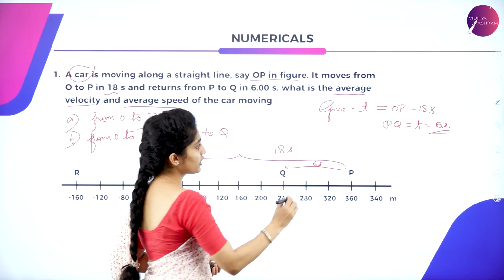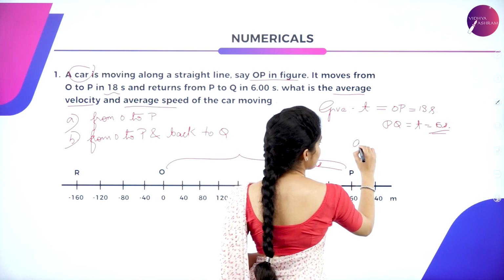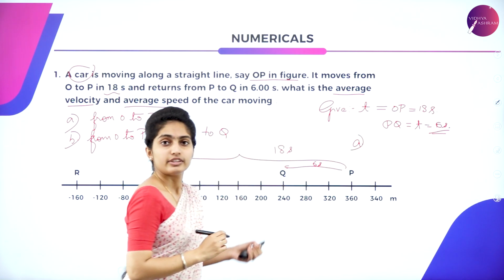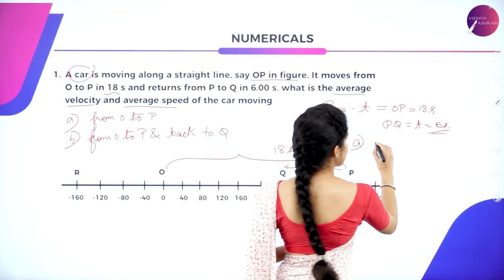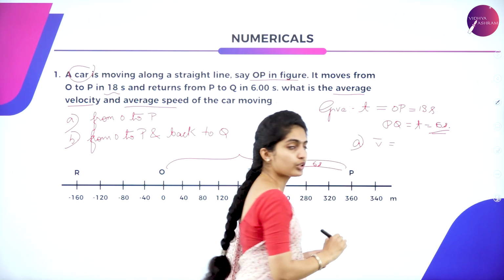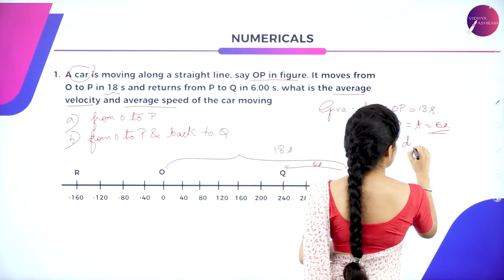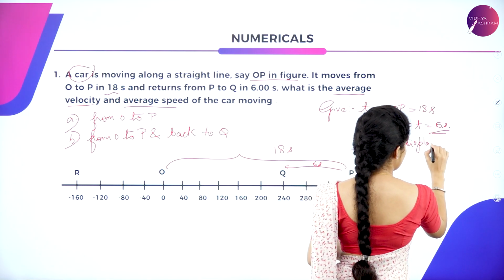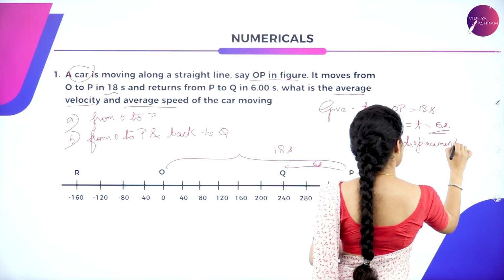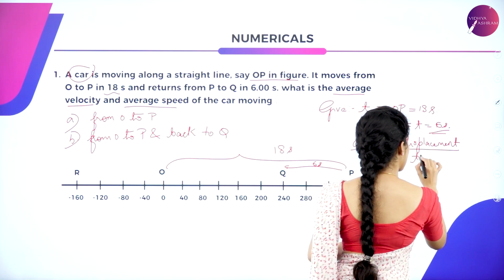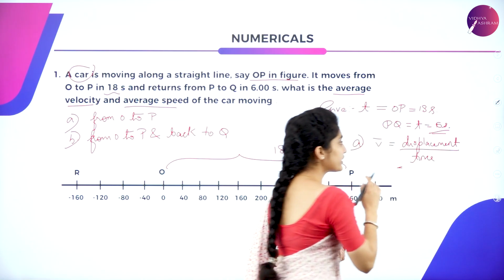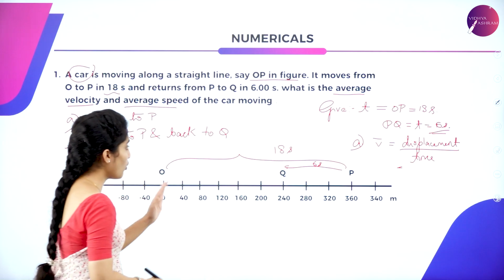In order to find the average velocity of the first one, average velocity is equal to displacement by time taken. So what is the displacement from O to P?